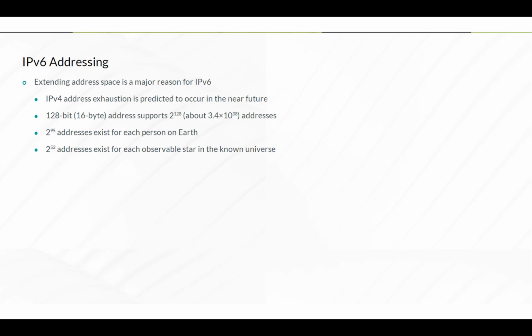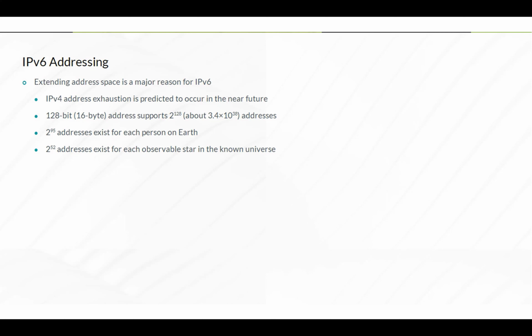First, I'm showing some major uses of IPv6. Extending address space is the major reason for IPv6. IPv6 has a huge address space. This is the major reason to go with IPv6.